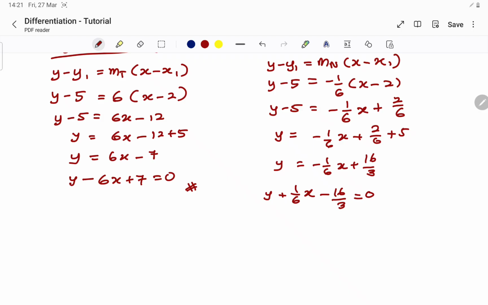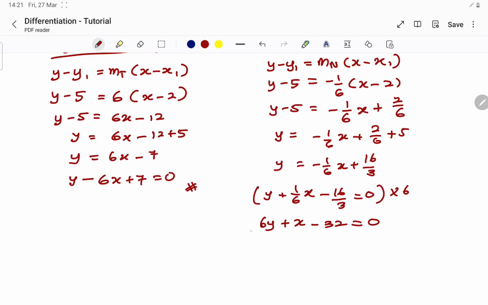And then here, even though it is equal to 0, it's still not in the standard form because we have a fraction. So we have to remove this fraction by multiplying with 6. Then you're going to get x plus 6y minus 32 equal to 0.